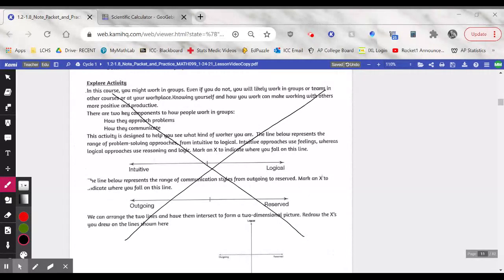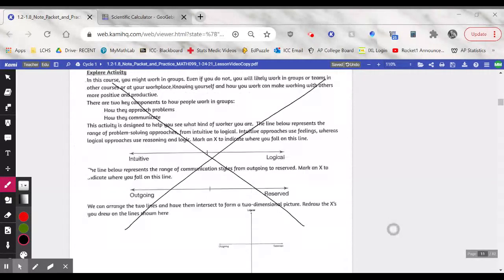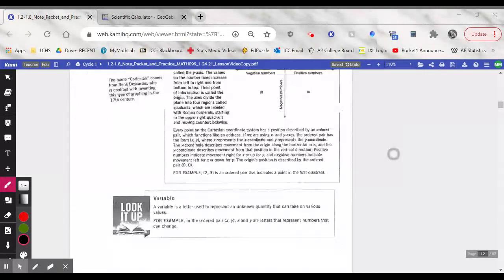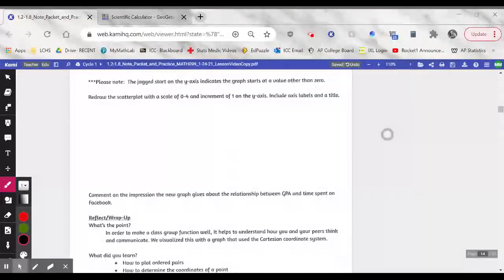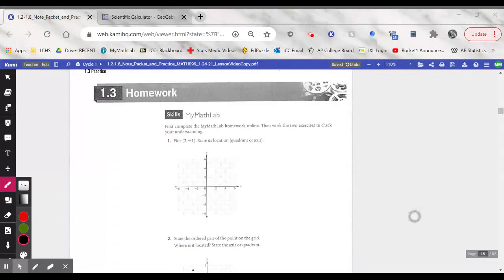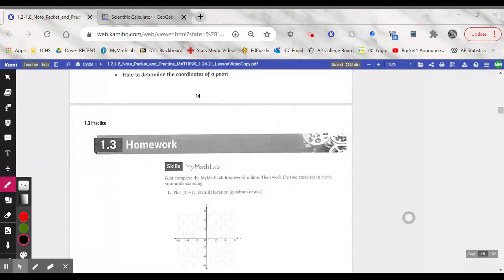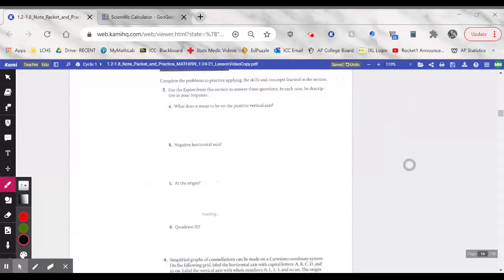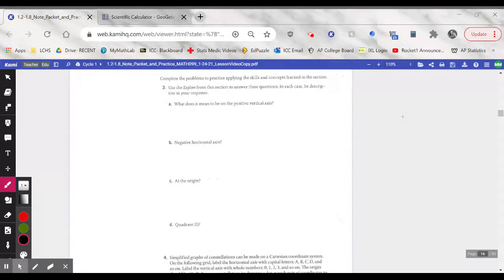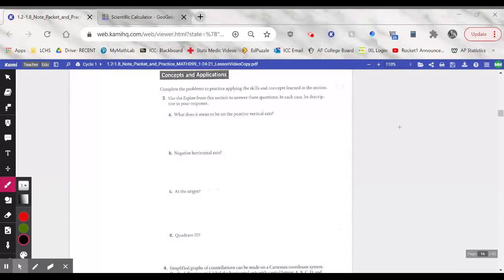There is a question in the practice part of these for section 1.2. So if you jump down to the practice part of 1.3 and you go to page 16, if you go through the practice, that's fine.